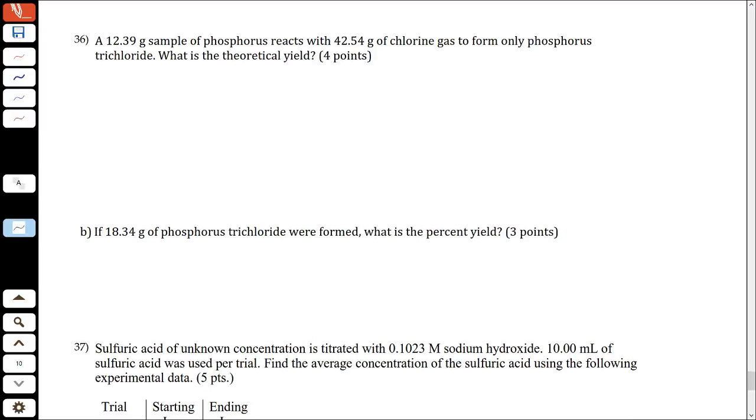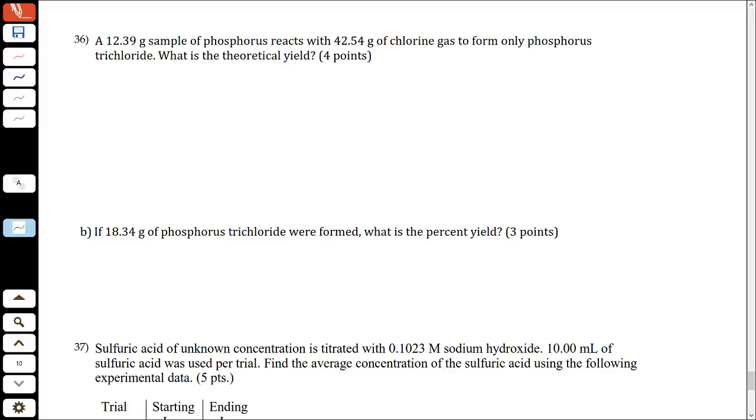All right, this one was a little bit tricky only in that it came toward the end of the exam, but it's kind of an easier question. It's not a limiting reactant problem. Both of those quantities are stoichiometric, so you can just add them together to get the yield, but you didn't know that until you actually did the calculation.